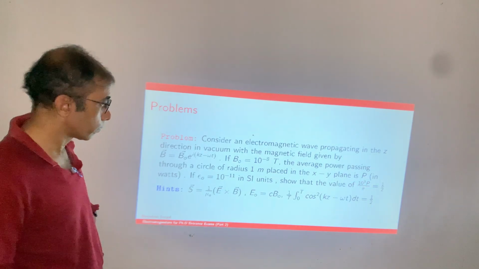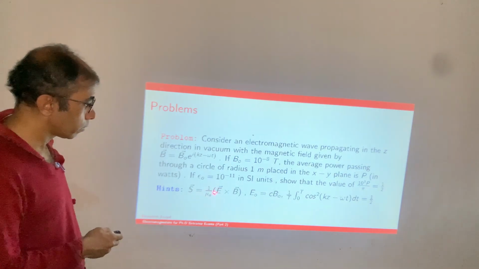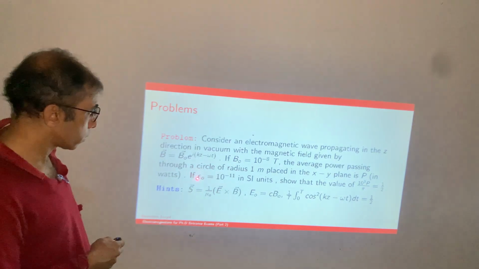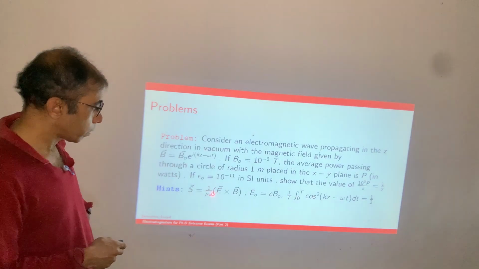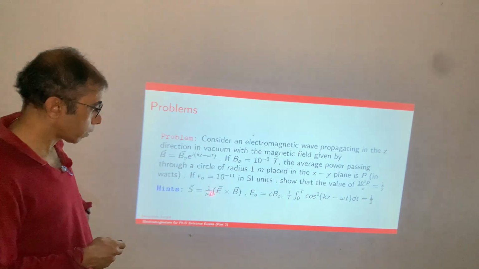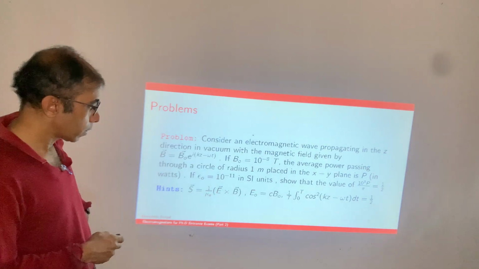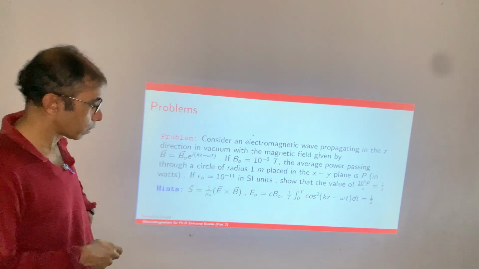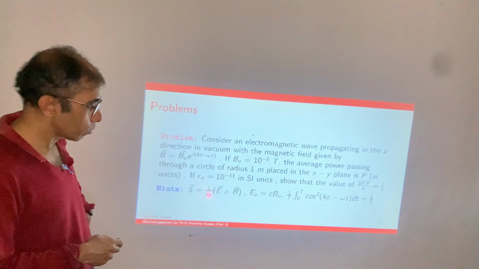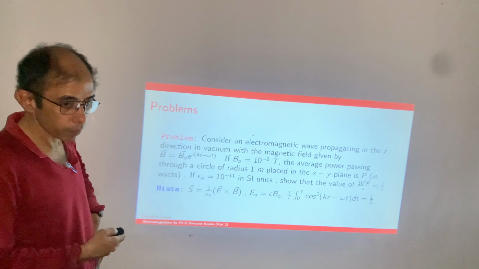What is the value? Remember, epsilon naught is given, so you can multiply and divide by epsilon naught, and again 1 by mu naught epsilon naught is c square.